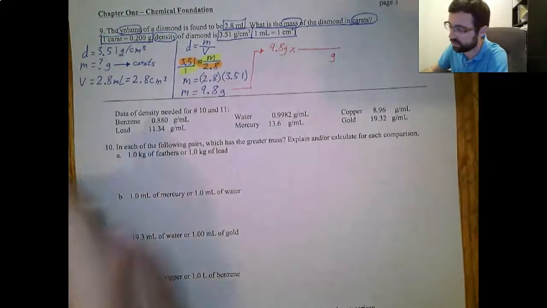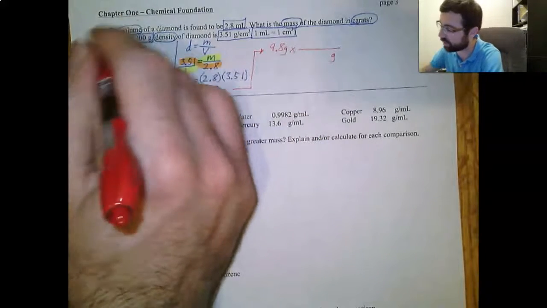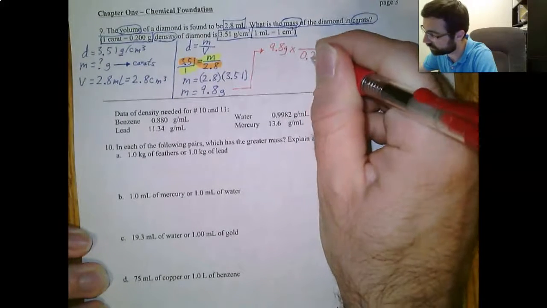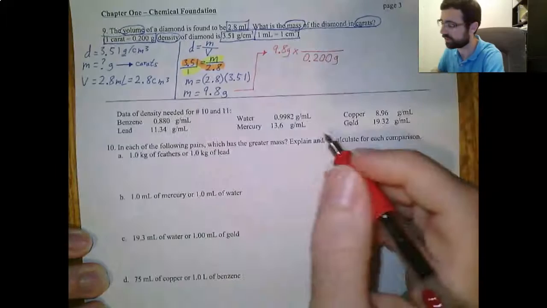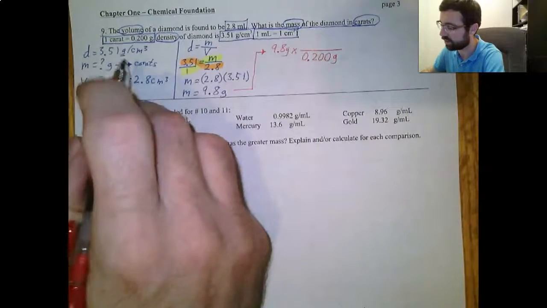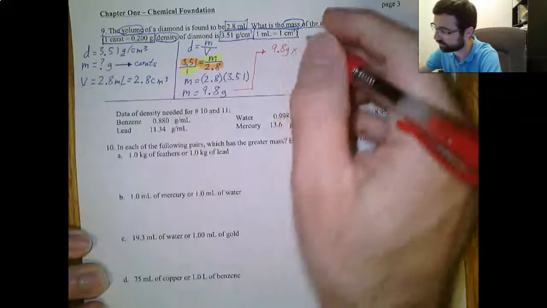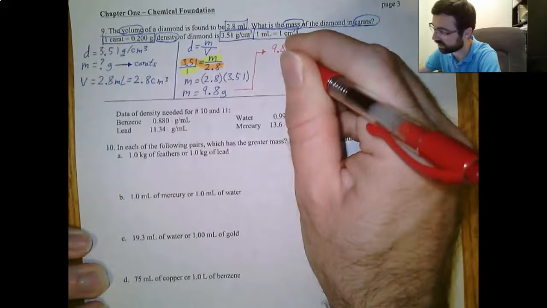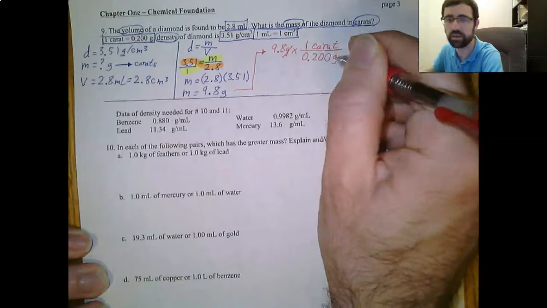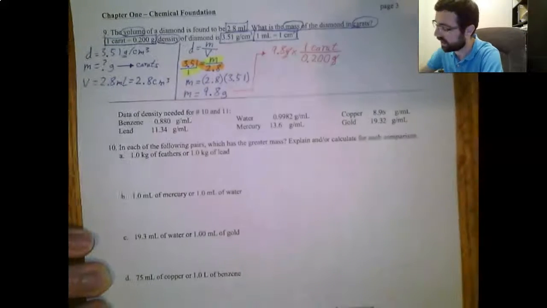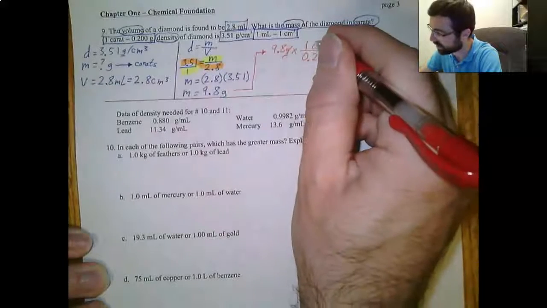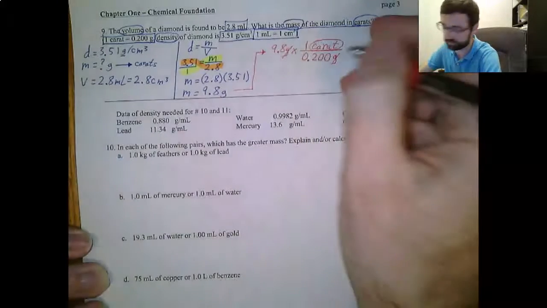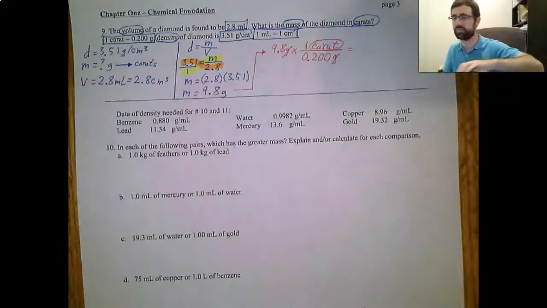In this equality, what does the G go with? It goes with the number 0.200. And then on the top, I'm going to have 1 carat. And check your work. Did the grams cancel out and go away? Yes, they did. Am I left with the units that I was looking for? Yes, I am. So now we just need to crunch our numbers.